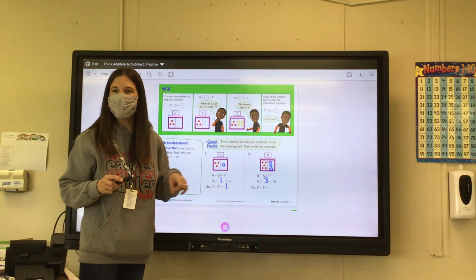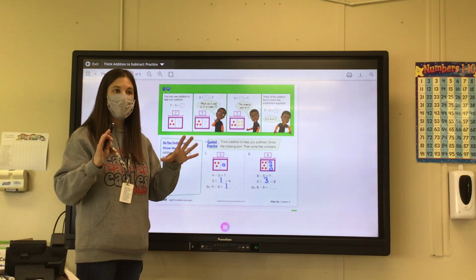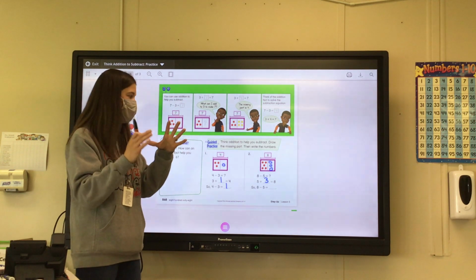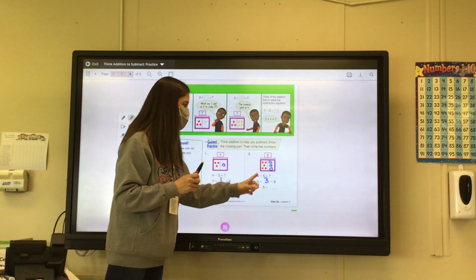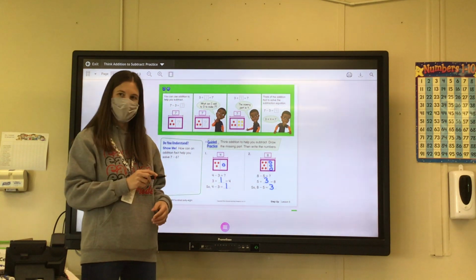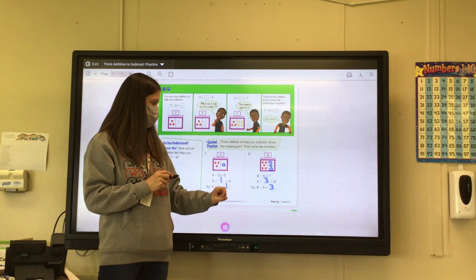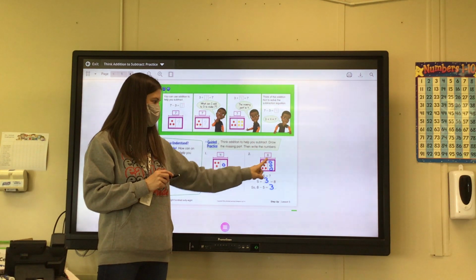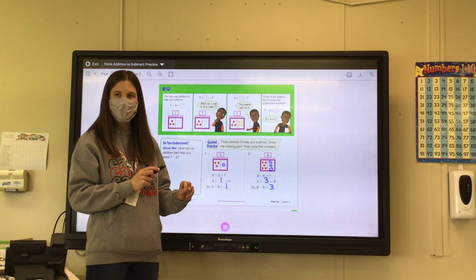The 2 parts equal the whole. So that means the whole minus the 5 equals the other part, which is 3. The whole minus the part equals the other part. See those related facts?